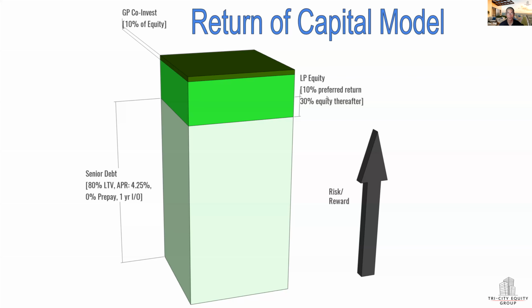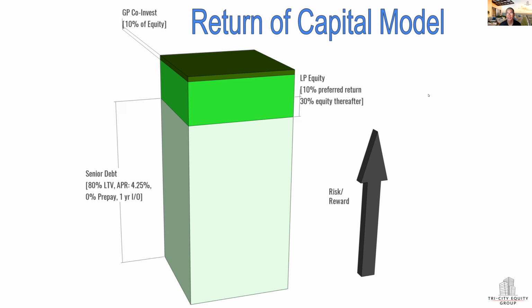Once that hurdle is met, upon refinance the split is 70-30. So 30% equity to the LPs and then 70% to the GP. But the key is that after the refinance, if you're successful in the model, you should have returned all the capital to the LPs, and therefore LPs are just enjoying infinite returns because they have no more cash basis in the deal.